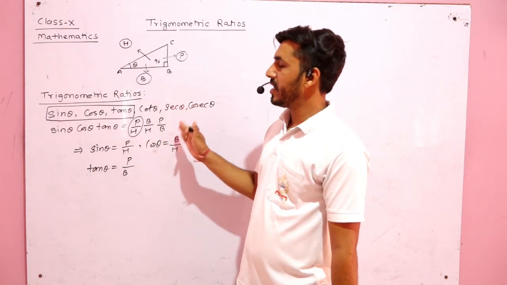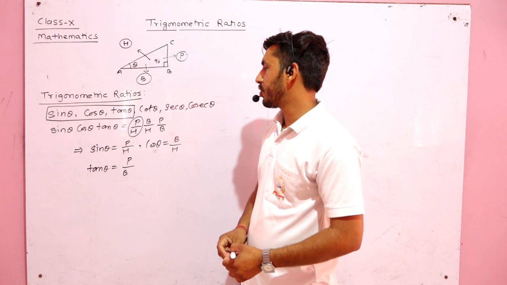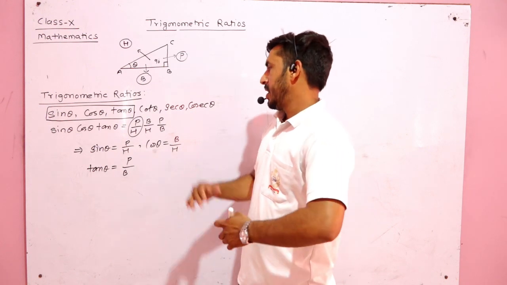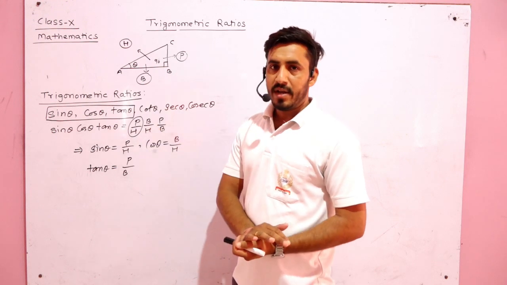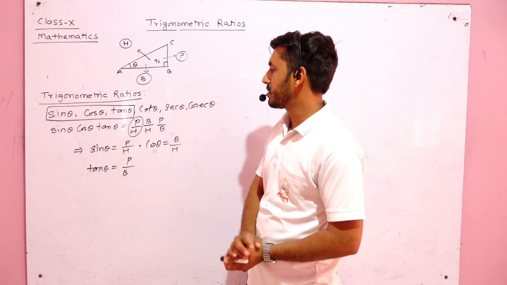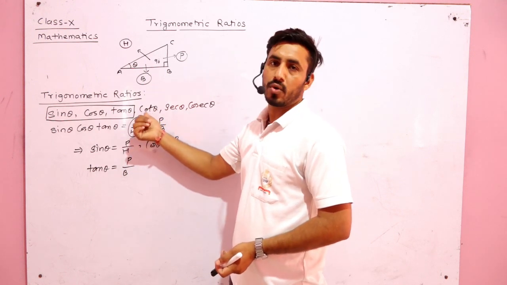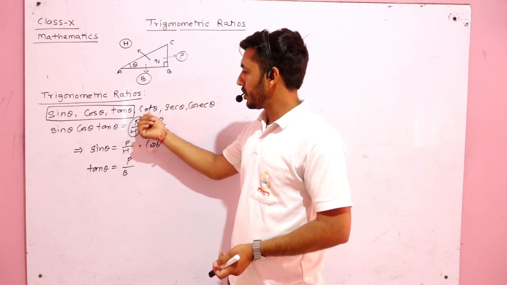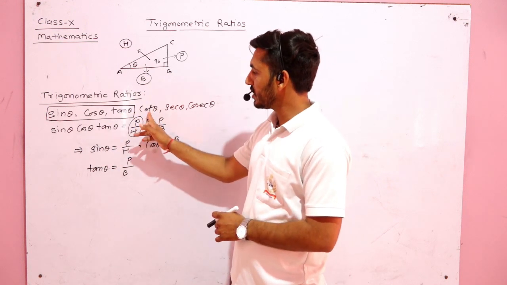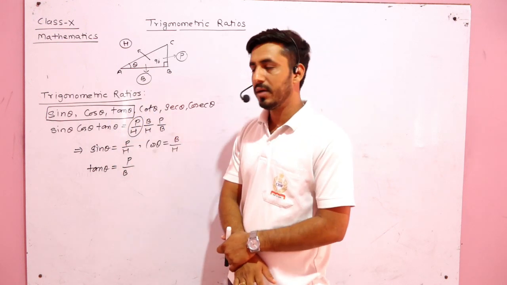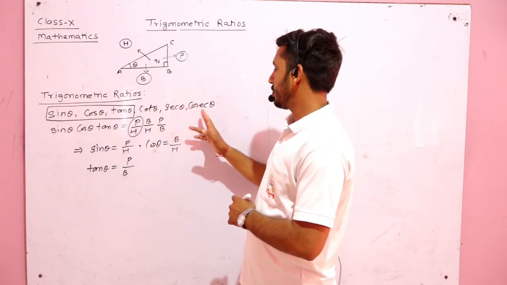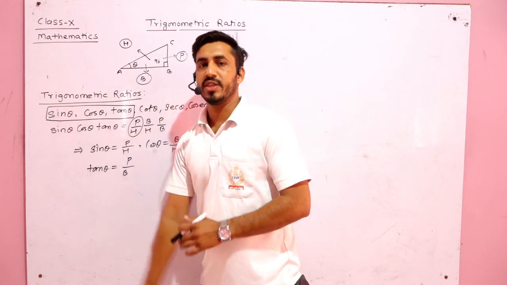And the other remaining three parts, cot theta, sec theta and cosec theta, can be obtained by taking opposites respectively. Cot theta will be opposite of tan theta, sec theta is opposite of cos theta, and cosec theta is opposite of sin theta.